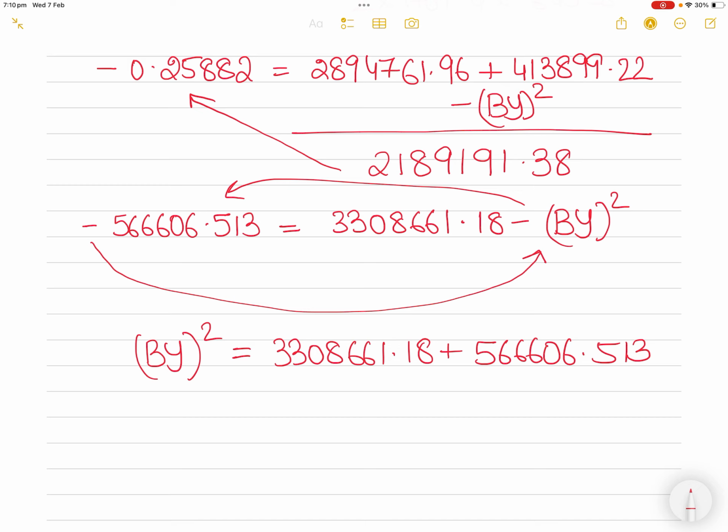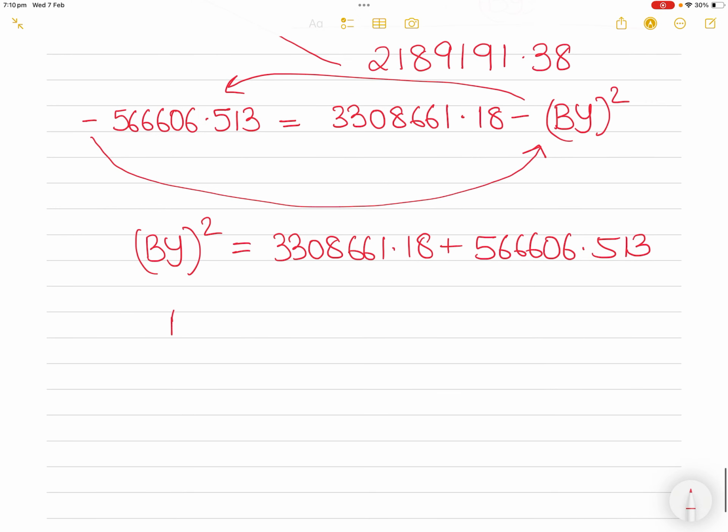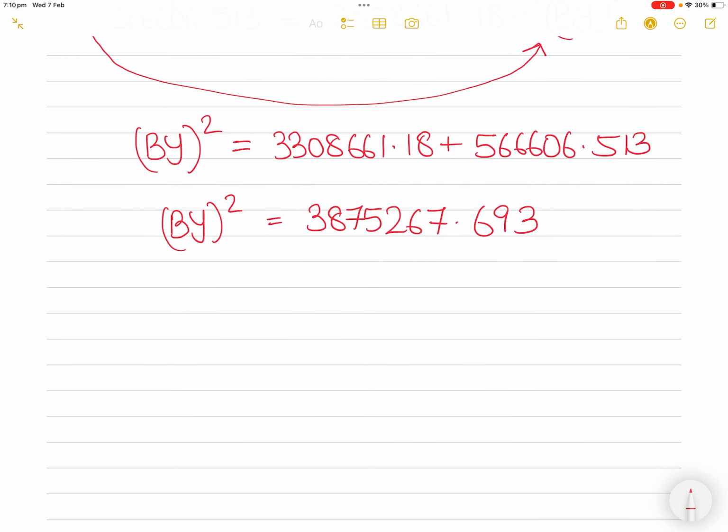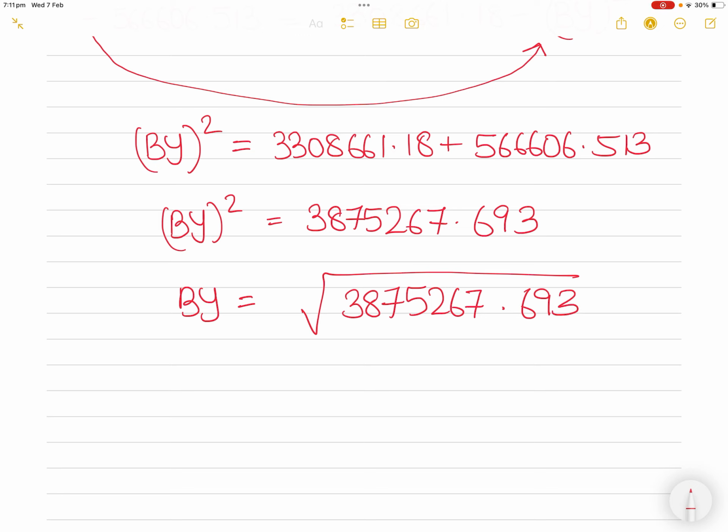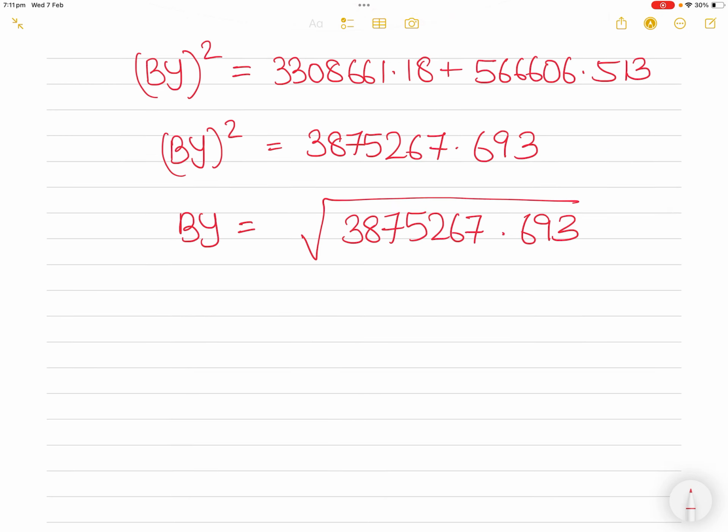So we will get BY squared equals 3875267.693, and then press shift square root. So BY equals the square root of 3875267.693, which in our calculator gives 1968.57.